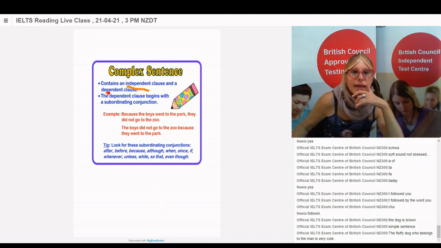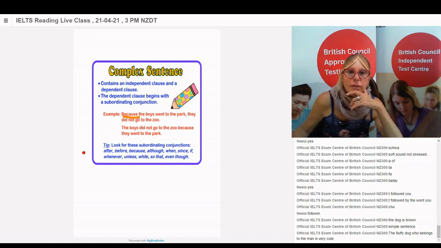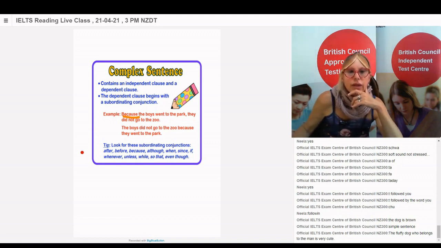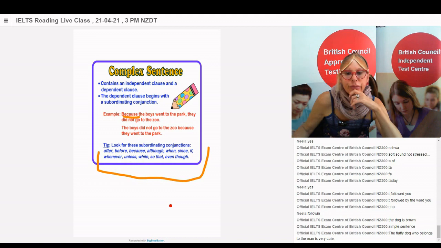The dependent clause begins with a subordinating conjunction, such as because. Because the boys went to the park, they did not go to the zoo. The boys did not go to the zoo because they went to the park. Subordinating conjunctions are words like this: after, before, because, although, when, since, if, whenever, unless, while, so that, even though.